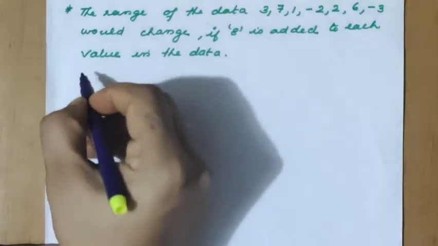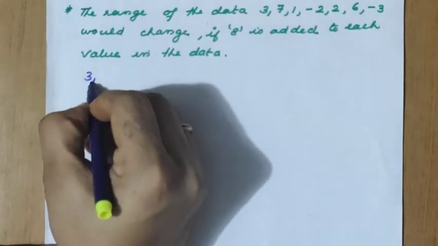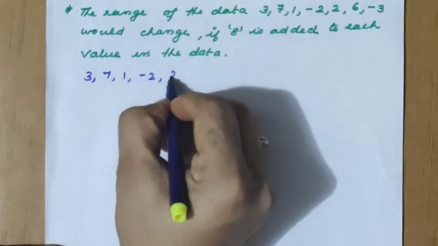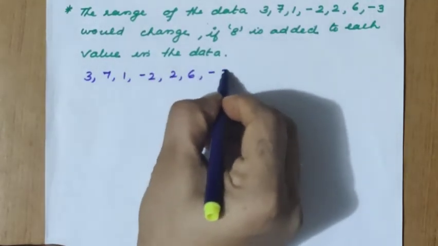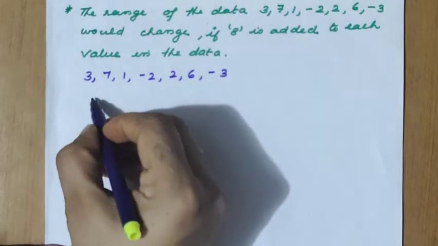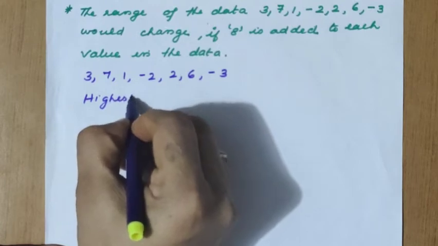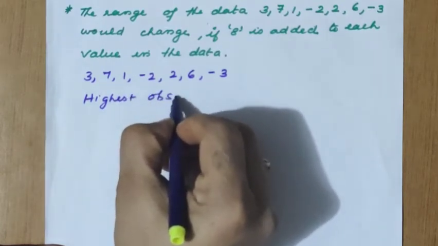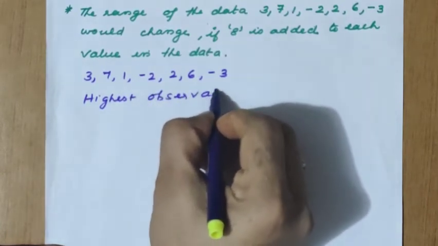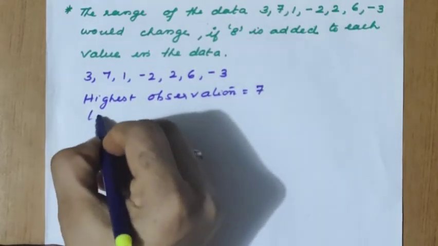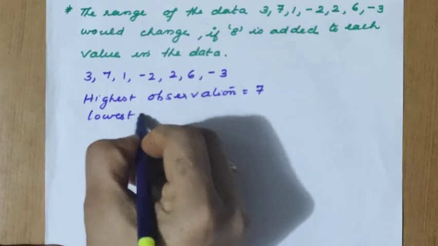So which is the highest observation? I'll take down once again the 3, 7, 1, minus 2, 2, 6, minus 3, right? Again, what is the highest observation here? Highest observation equal to 7. Lowest observation equal to minus 3.